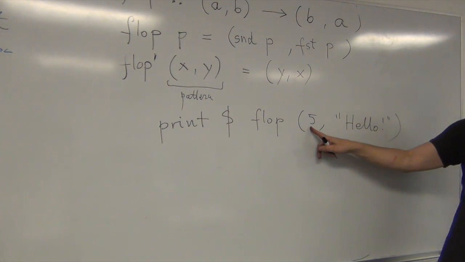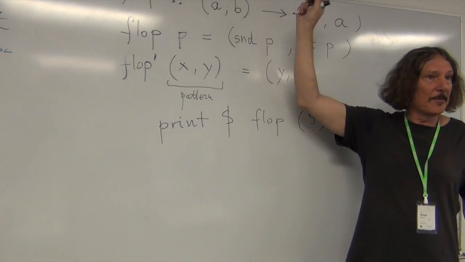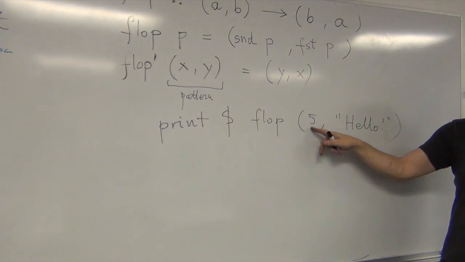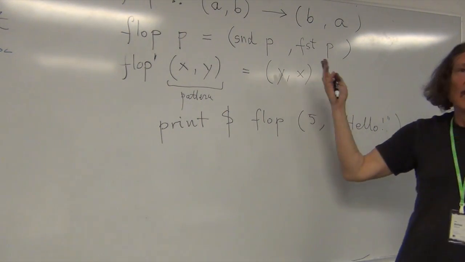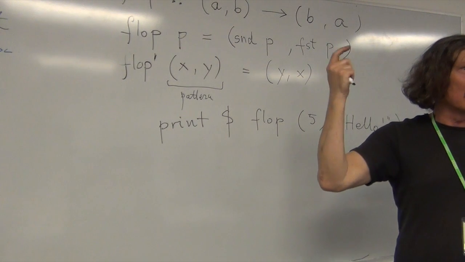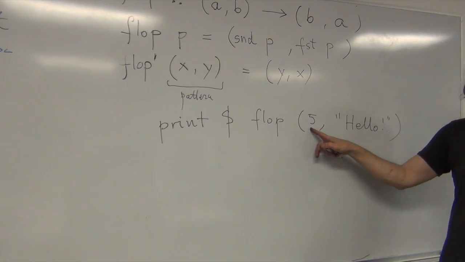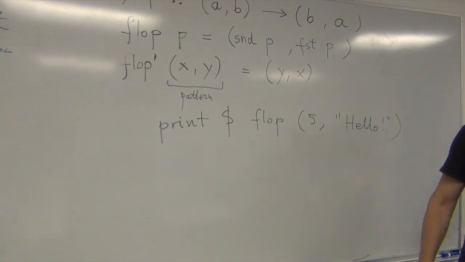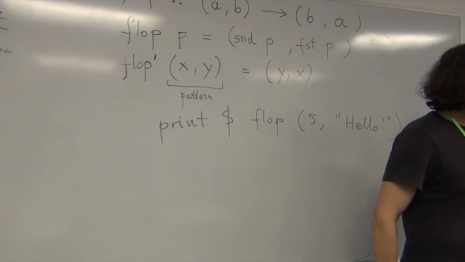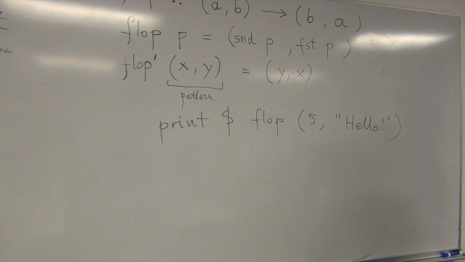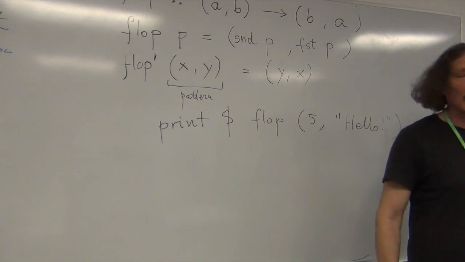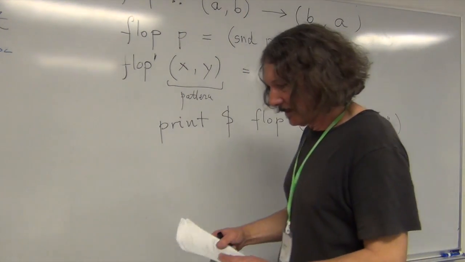Because these types are polymorphic, and we never did any operation on these things, so we don't have to specify. They can be anything. It can be integer and string, and we'll just reverse them.